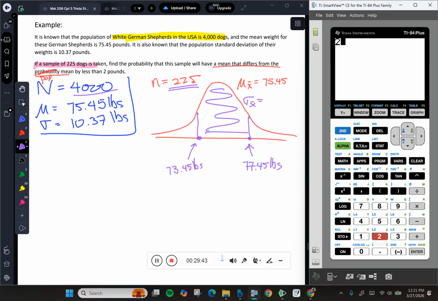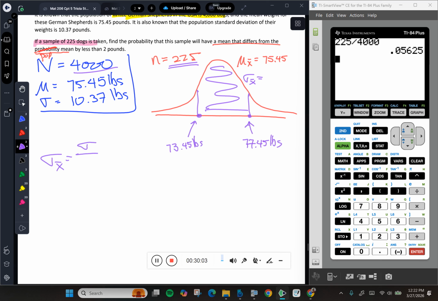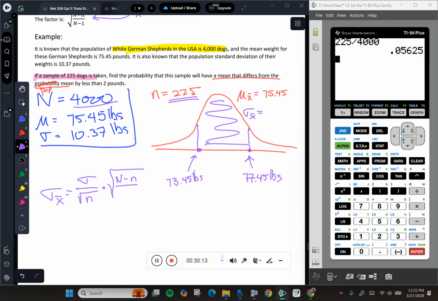So this would be a situation where I have to bring in the finite correction factor. My sampling distribution standard deviation, which is normally just the standard deviation divided by the square root of the sample size, also has to get multiplied by the finite correction factor, which is that formula up there.